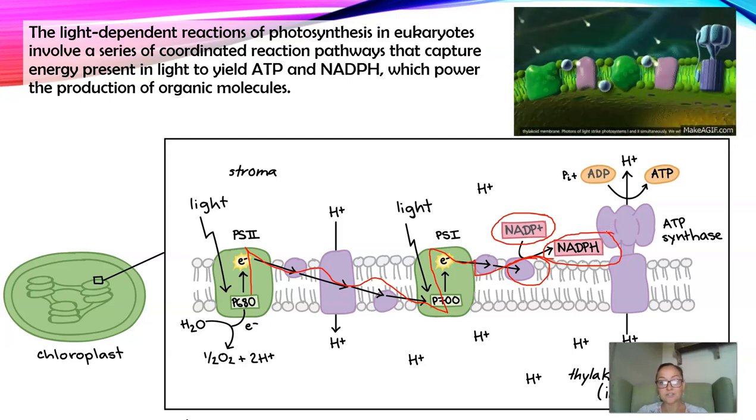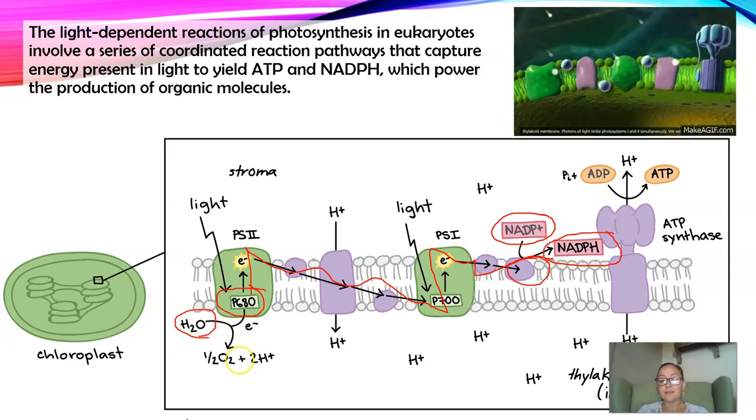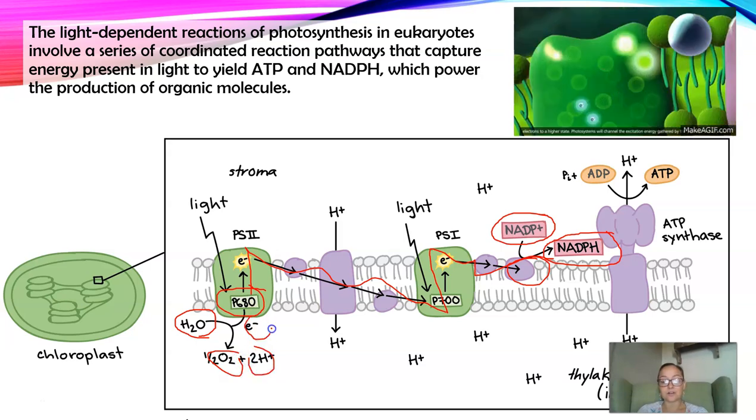This NADPH will carry that energy, or electrons, over to the Calvin cycle. However, we need to replace these electrons so it can continue. That is where the reactant water is required. Water will be split into oxygen, hydrogens, and electrons.